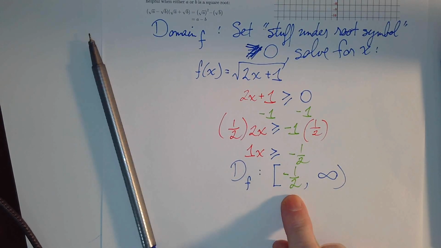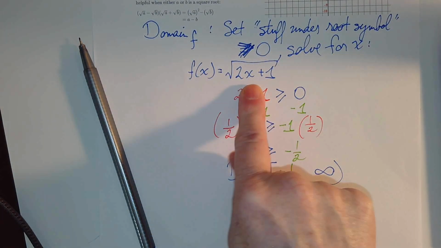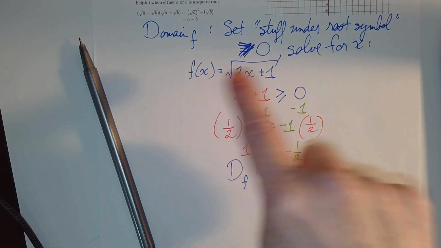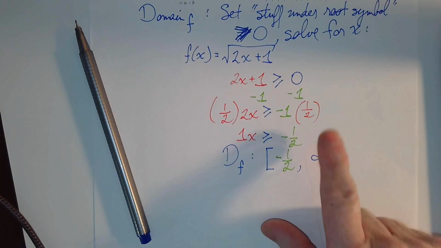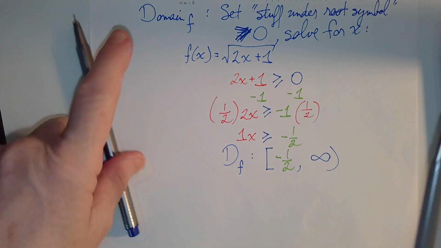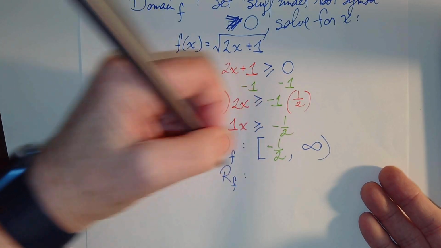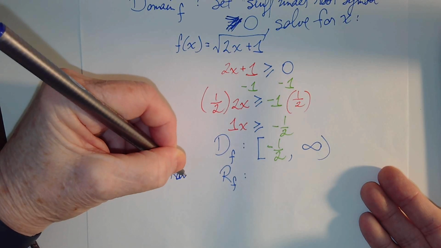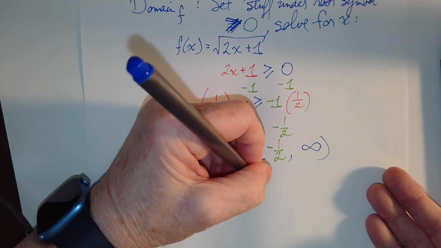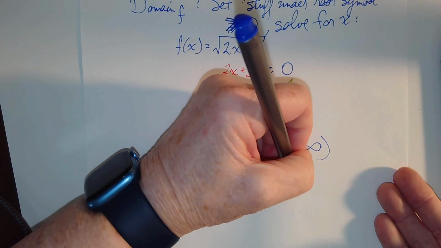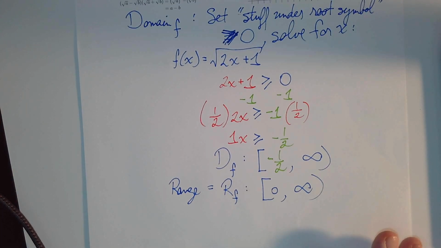If we plug in negative 1/2, that's 2 times negative 1/2, that's negative 1, plus 1 is 0. So, pardon me, f of negative 1/2 is 0. So the range of f, the smallest is going to be 0, and it's going to go to infinity.